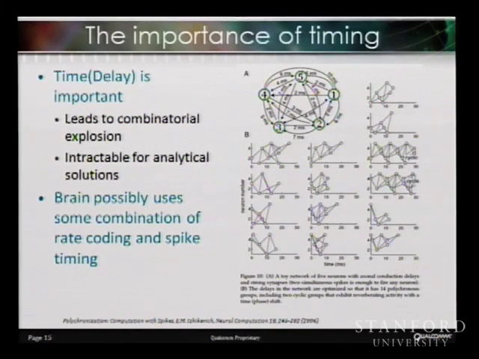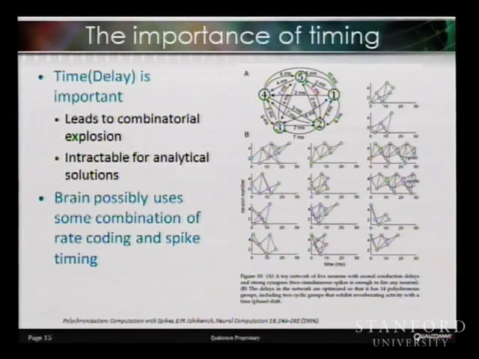The rate code guys say, hey, I don't care about every single spike coming along. I don't care about its exact time. All I care about is that there's a whole group of neurons that are firing, and I take an average of them, the average of the spike rate, and that is what is important. There's this other group of neuroscientists that say every single spike is important, and its location and time is important as well. And so we think it's something of a mixture of both.